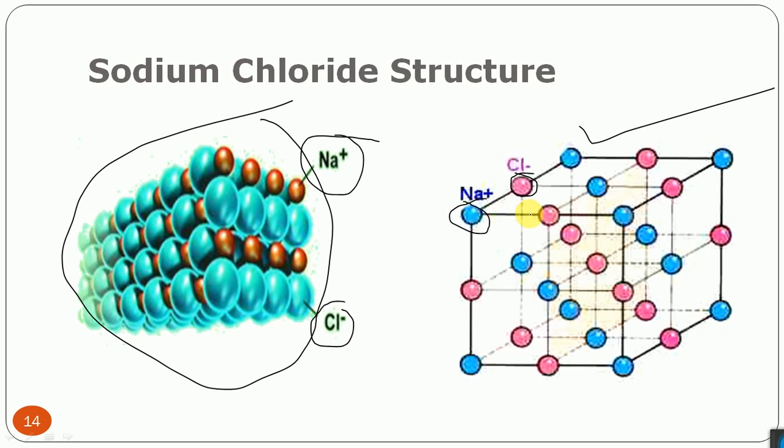They are placed at different positions. Na positives are placed at the corners and face centers, and Cl negatives are placed at the edge centers and at the body center.